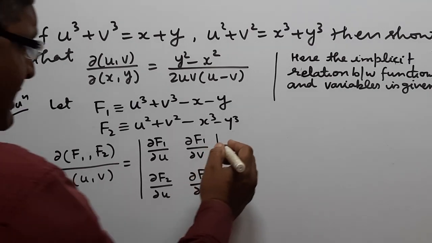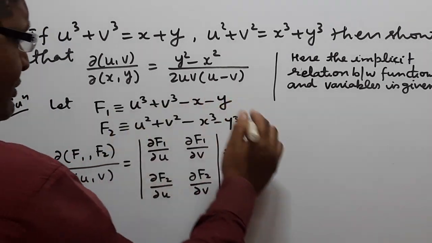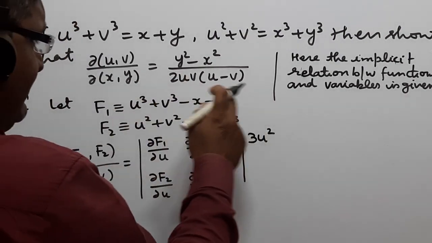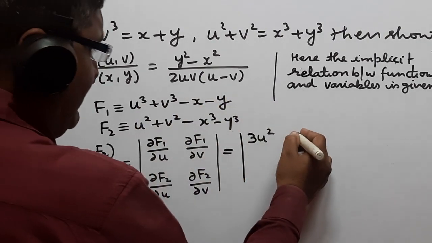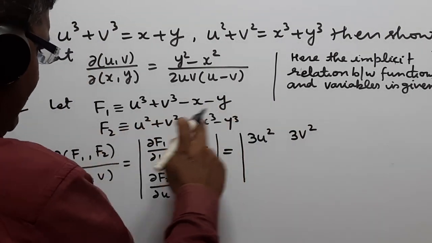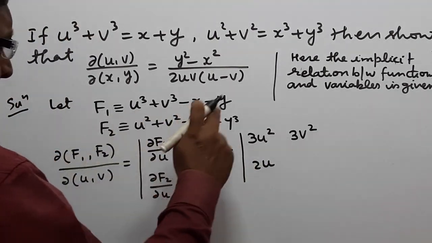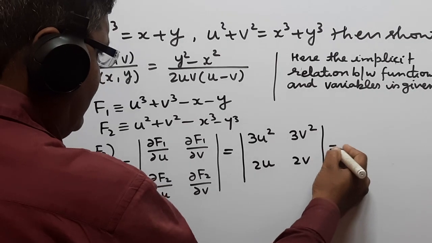Now we find the partial derivative of f1 with respect to u, which is 3u square, and of f1 with respect to v, which is 3v square. Similarly, the partial derivative of f2 with respect to u is 2u, and with respect to v is 2v.